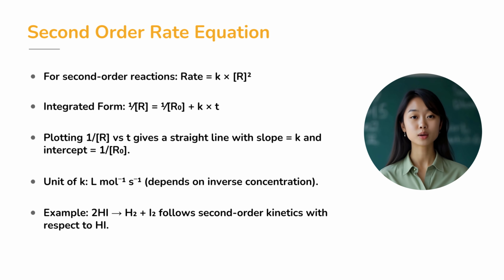When we plot 1 over [R] versus time, we get a straight line. The slope of this line is k, and the intercept is 1 over [R]0. The unit of the rate constant k is liters per mole per second, which depends on the inverse of the concentration.